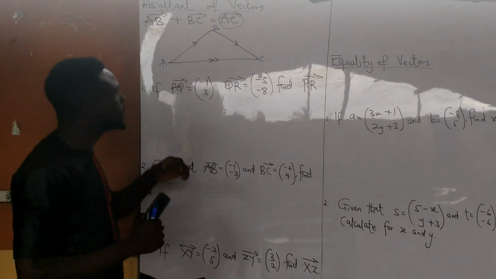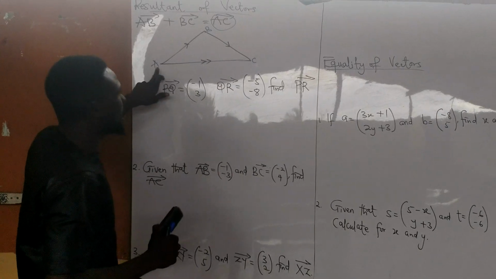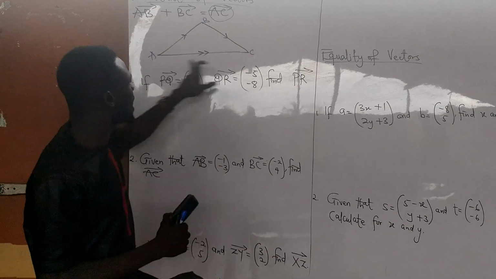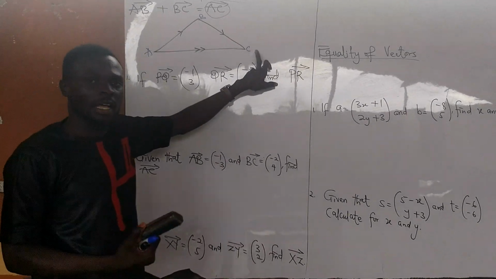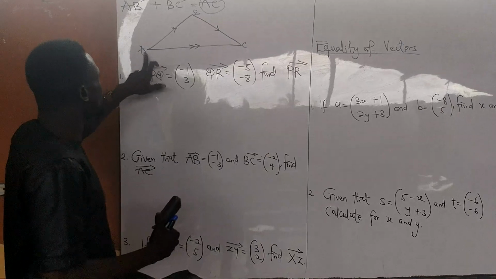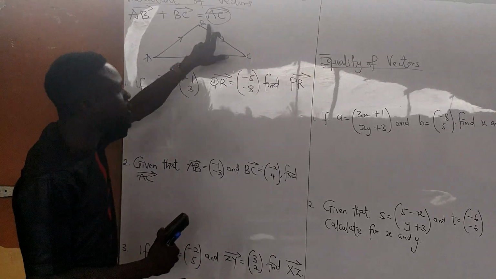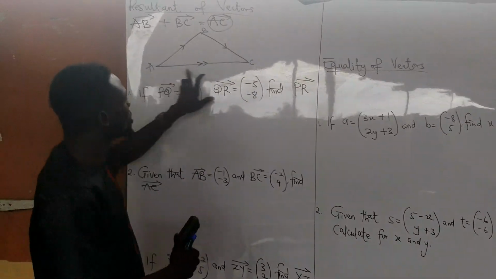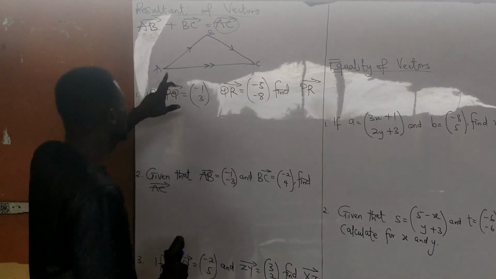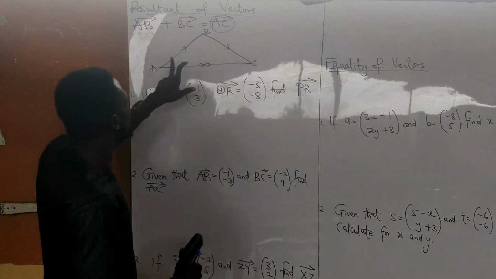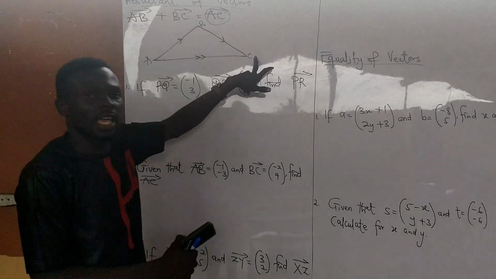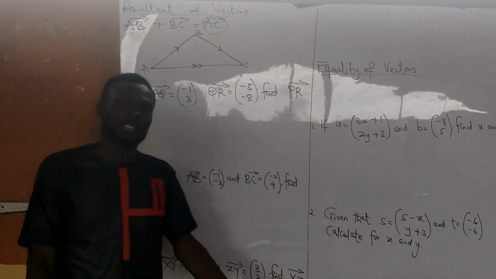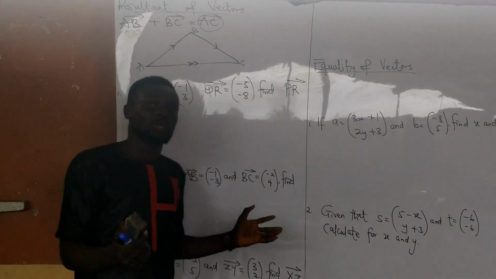So what this simply means is that we are from A. Our aim is to get to C. I can go straight forward from A to C, which is the resultant vector. I can also choose to move from A to B, and when I get to B, I'll continue the journey to C. So for me to move straight forward is the same as me adding the distance here, which is the vector here, plus the vector here, which at the end of the day, I am going to arrive at the same destination. So that is all about the resultant vectors.